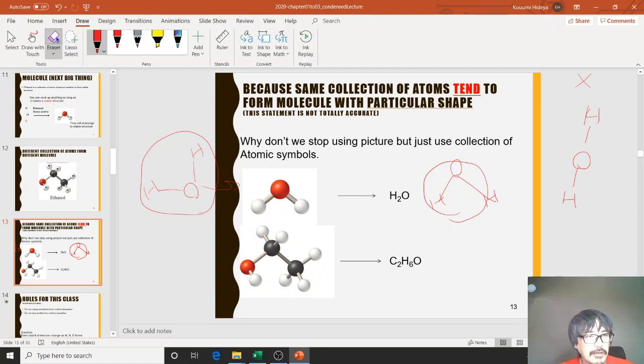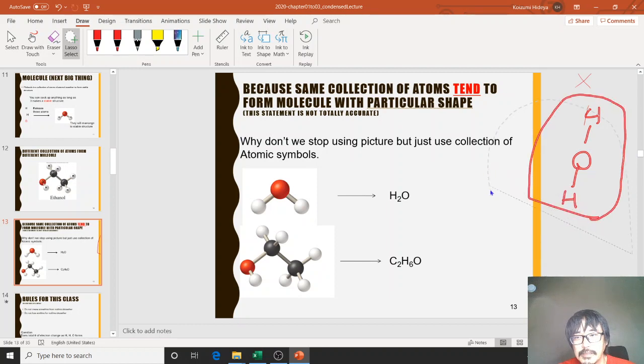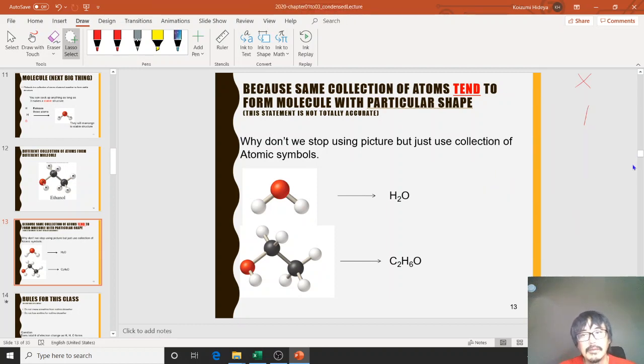And what I'm telling you right now is that these things right here don't happen. The structure is often unique.